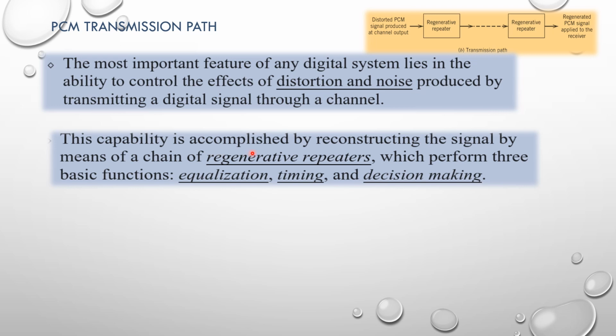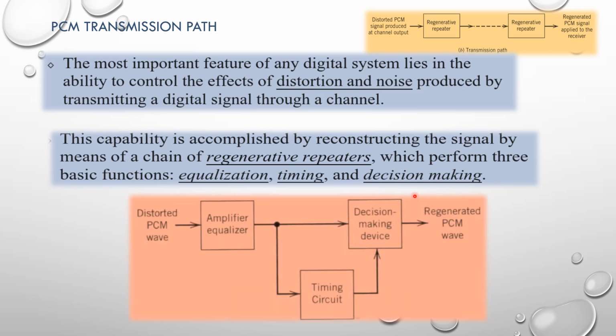This capability is accomplished by reconstructing the signal by means of a chain of regenerative repeaters, which perform three basic functions: equalization, timing, and decision making. The regenerative repeater consists of an amplifier equalizer, decision making device, and timing circuit. The distorted PCM wave we apply to the amplifier equalizer.